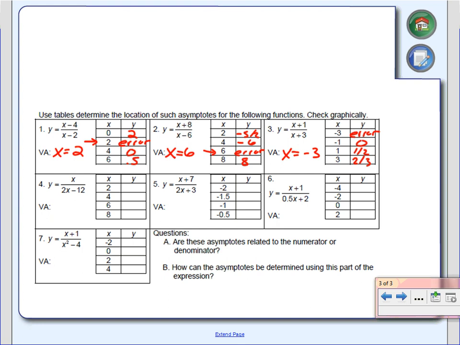All right, I want you to go ahead and do the same thing for 4, 5, 6, and 7 for me, and then we'll take a look at them here in a second. Go ahead and put those in your calculator. Fill out all the tables. And then give me the vertical asymptote.